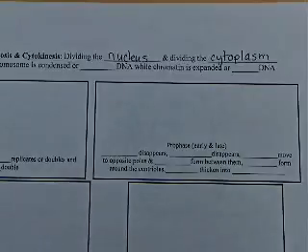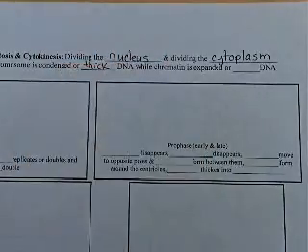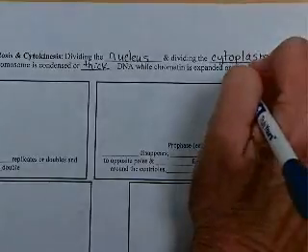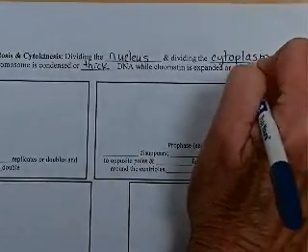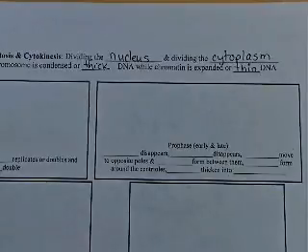So a chromosome is a condensed or thick DNA, while chromatin is an expanded or thin version of DNA. And during mitosis, we will see DNA change from chromatin to chromosomes as we divide.